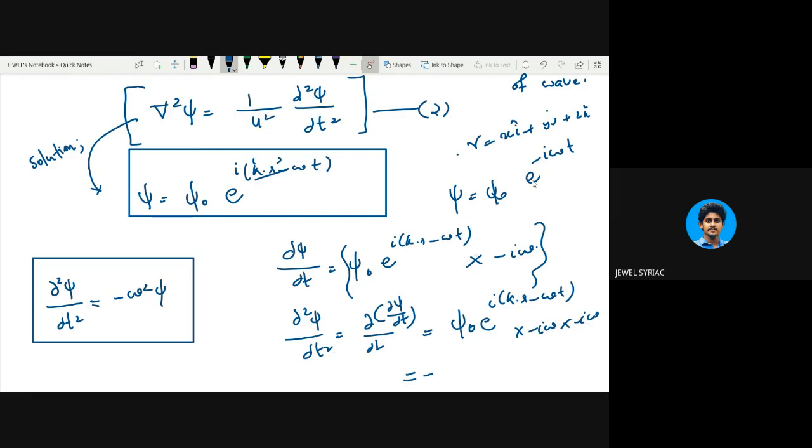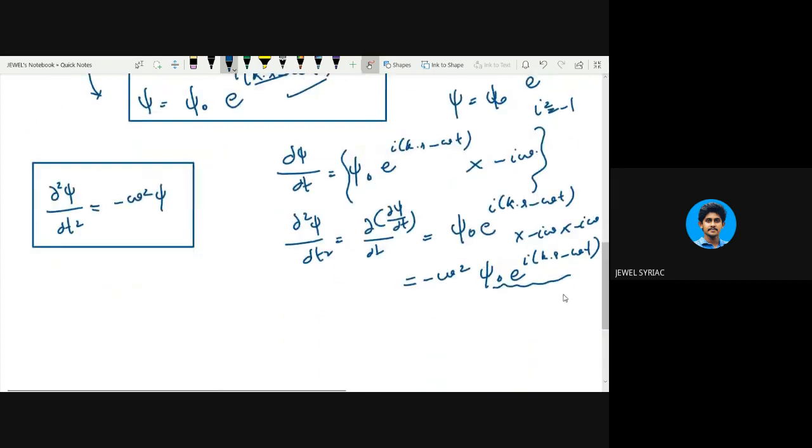What is i²? i² is −1. So we'll get −ω² ψ0 e raised to i(k·r − ωt). What is this ψ0 e raised to i(k·r − ωt)? It is the psi. So we can write ∂²ψ/∂t² equal to −ω² ψ.